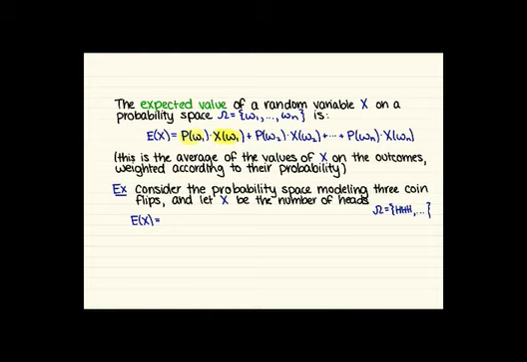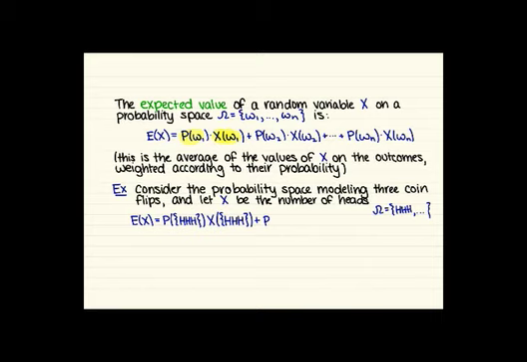So we're looking at the probability that we get H, H, H, times the value of x for that outcome, H, H, H, and then do this for all of the outcomes.